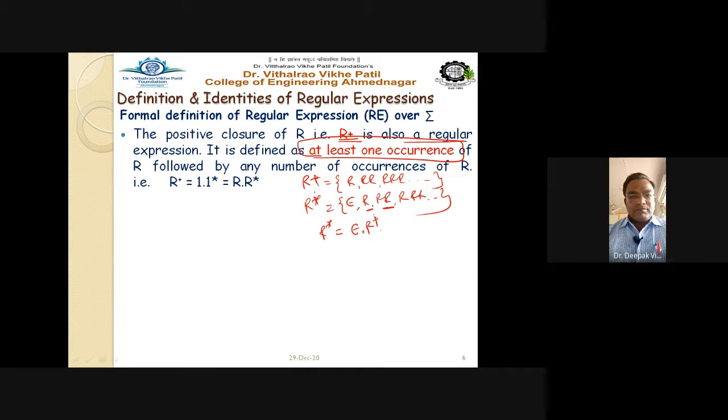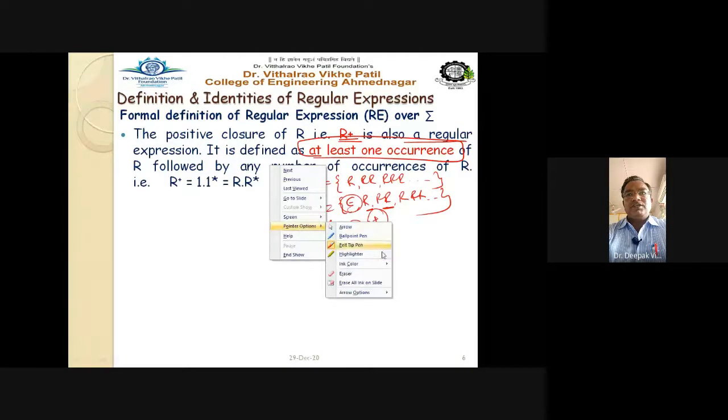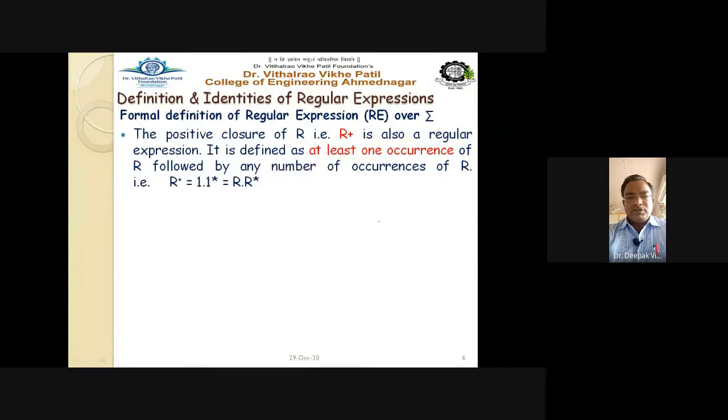Your closure consists of epsilon, the empty string, and the positive closure of that particular regular expression. Getting this point? The positive closure of the expression means at least one occurrence of that regular expression is mandatory or compulsory.